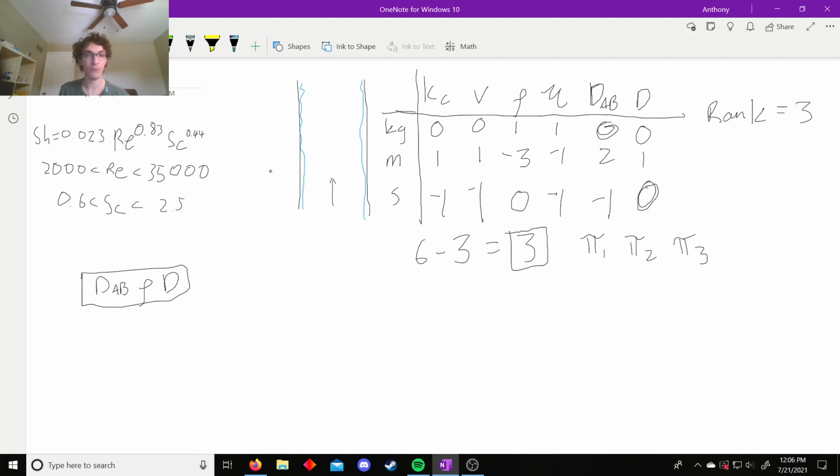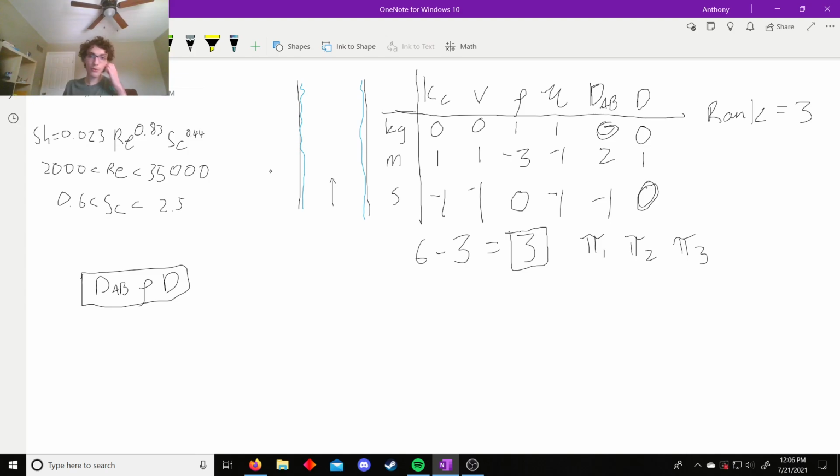This is 3 variables, and if we check, in our density we have kilograms and meters. In our diffusivity, we have meters and seconds. So just between those two, all of our units are there, so that's okay. And then our characteristic length only has meters, and that's okay because, again, all of our units appear in there.